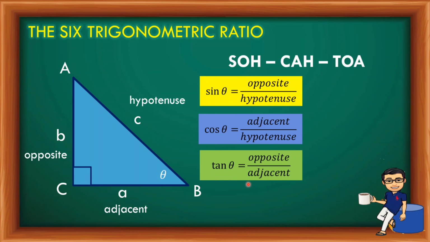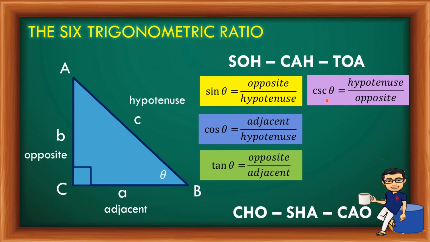On the other hand, meron pa tayong tatlong trigonometric ratios which are reciprocals of the basic trigonometric ratios. So, at para mas madali nating matandaan, ang reciprocal naman ng sine theta, ng cosine theta, tangent theta, ito naman yung ating tatandaan. CHO, SHA, CAW. So, ito naman ang nagre-represent ng another trigonometric ratio. Ang pang-apat ay cosecant theta is the ratio of hypotenuse over opposite.